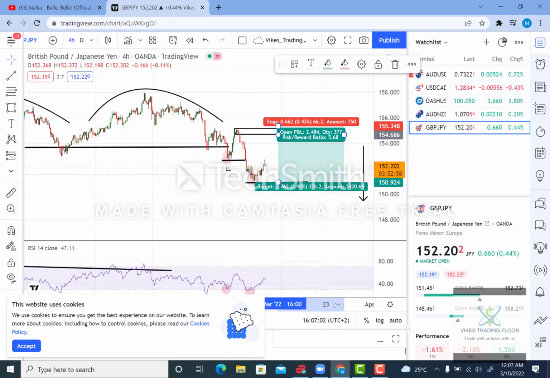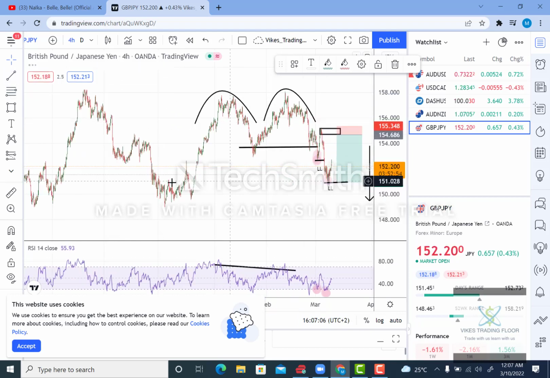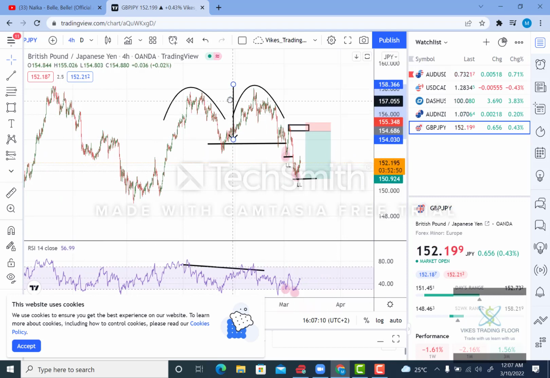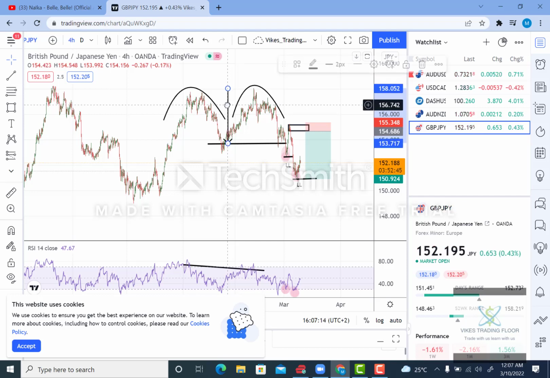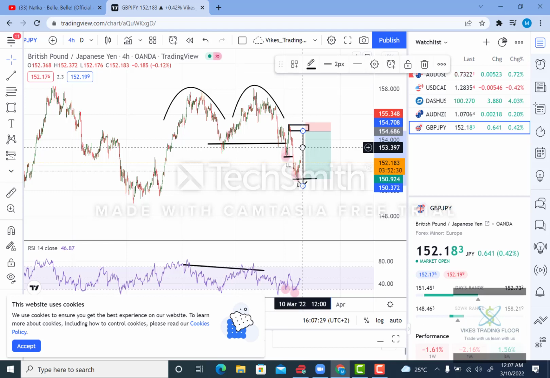Second target, as I told you, see this: the distance from the topmost swing high of your reversal pattern to the neckline is the same distance I will consider taking from the place I execute to my target, which is around the same prices.